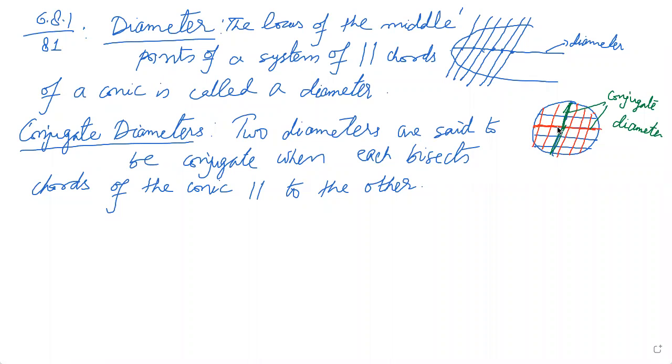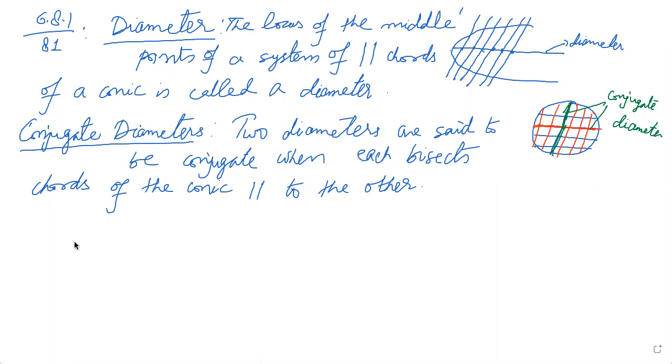So here you can see we can find the equation of the diameter, the locus of the middle points of a system of parallel chords. So you want to find what is the equation of this diameter.